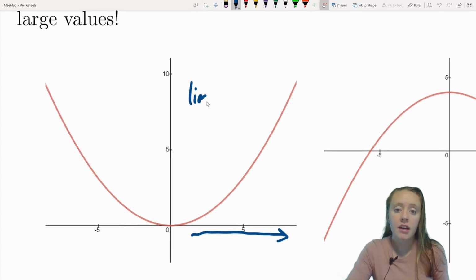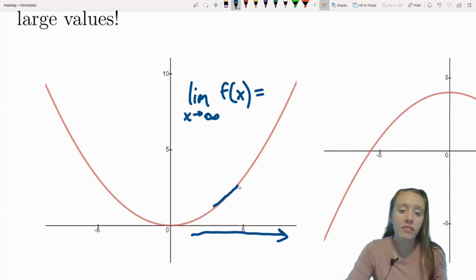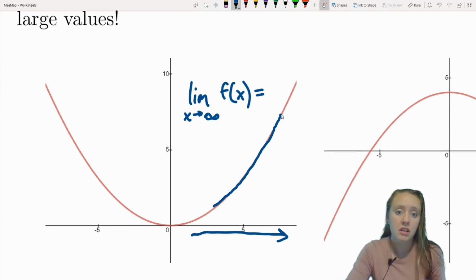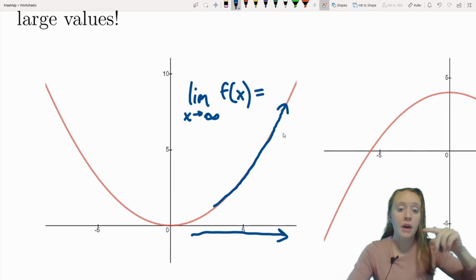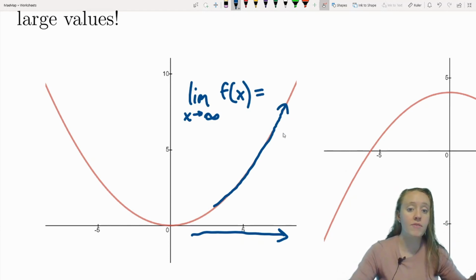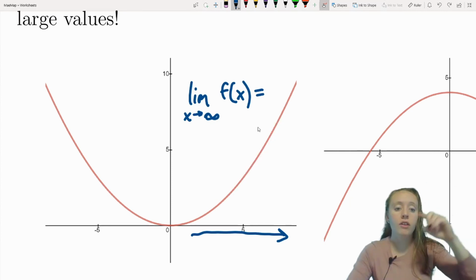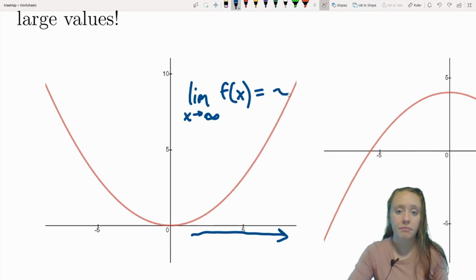The limit as x approaches positive infinity of our function, I'll call this function f of x, what's that going to equal? Well, if we follow along with f of x, where is it heading towards? It's going to continue to get larger and larger. So as x approaches infinity, f of x also approaches infinity.